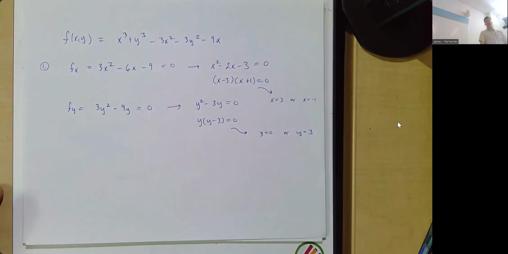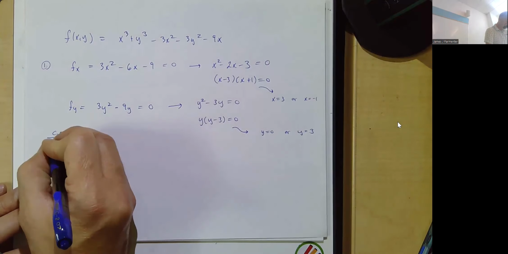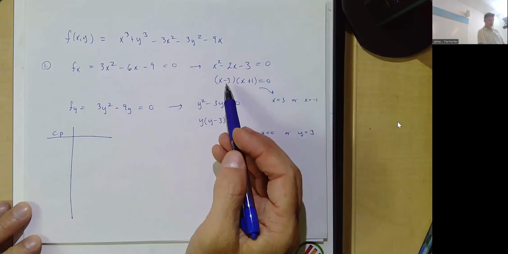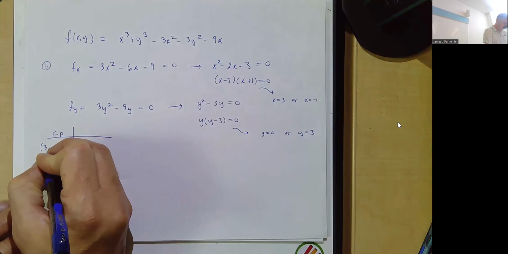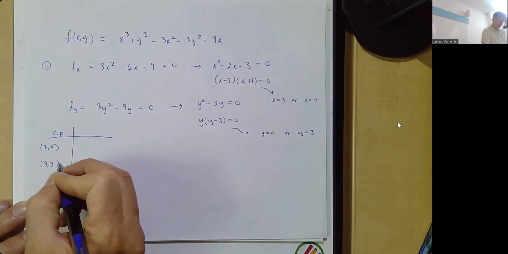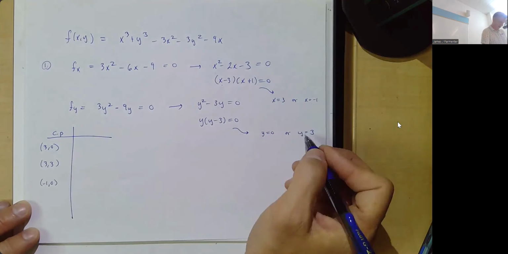And let's list out all of our critical points. I'm going to try and make a little table here. My critical points are, well, x can be 3 and y could be 0, or x could be 3 and y could be 3, or x could be -1 and y could be 0, or x could be -1 and y could be 3.